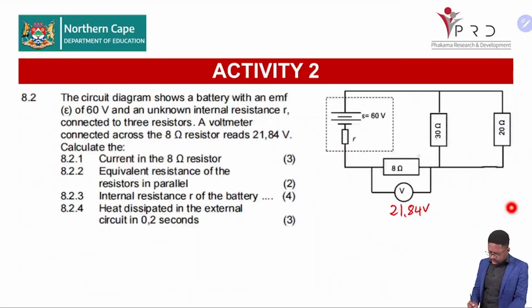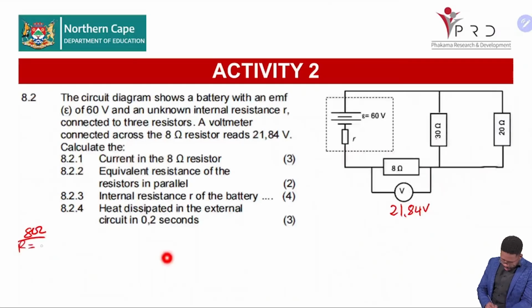Now, for this 8 ohm resistor, we now have R, which is 8 ohm. We now have V, which is 21,84. We can get I, which is the current.